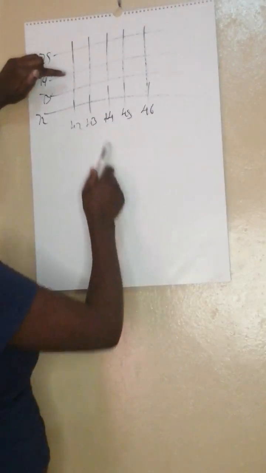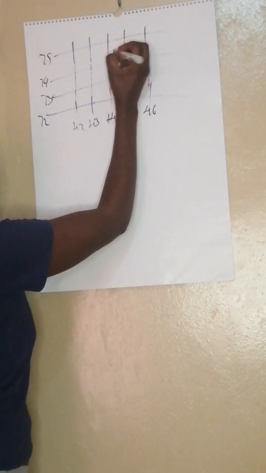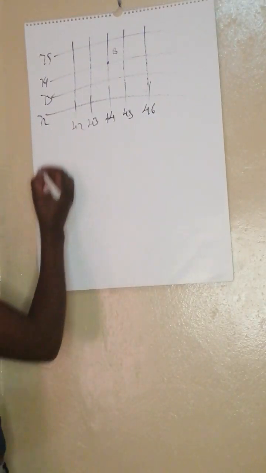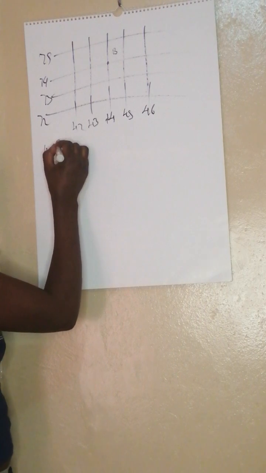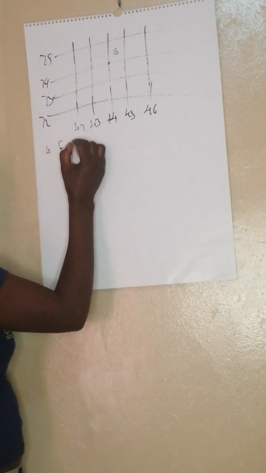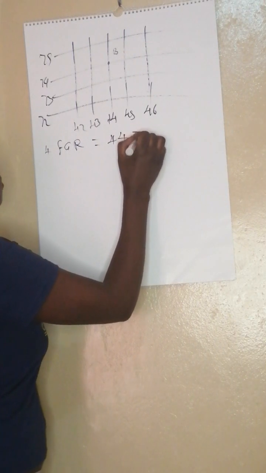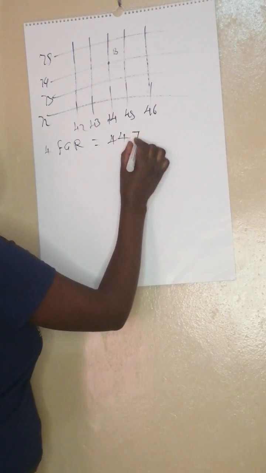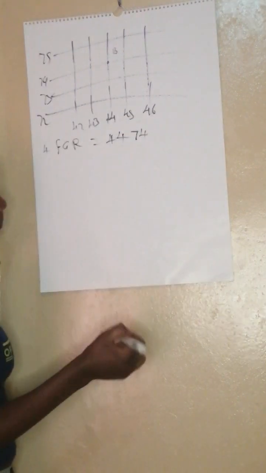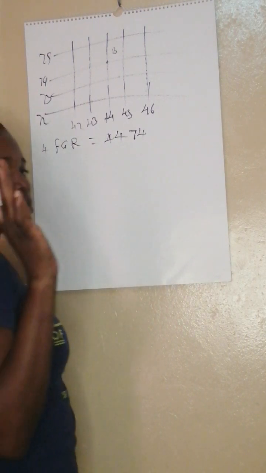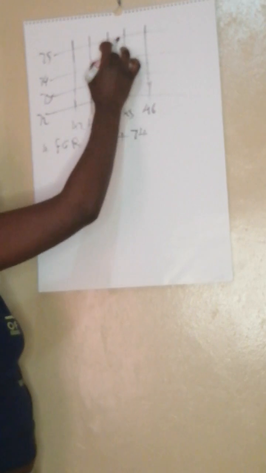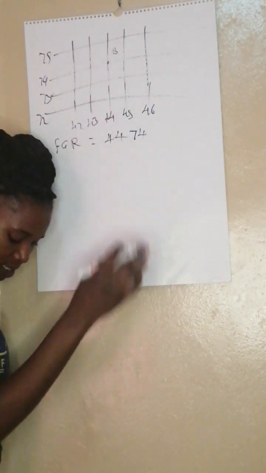So point B is here. We've said the 4-figure grid reference is 44 74.